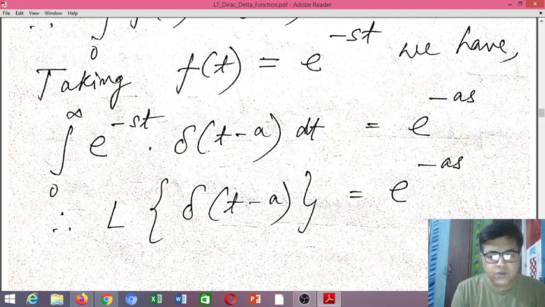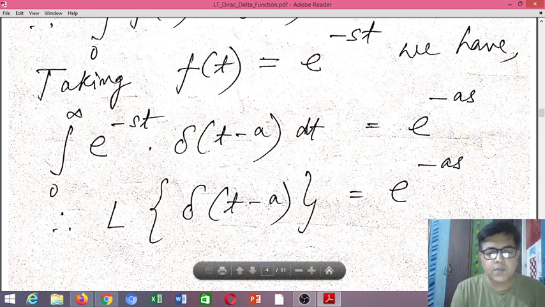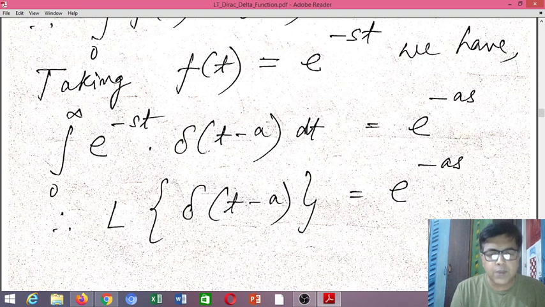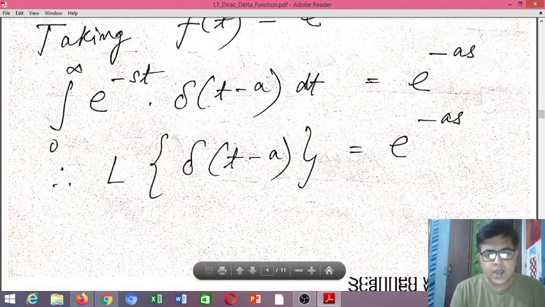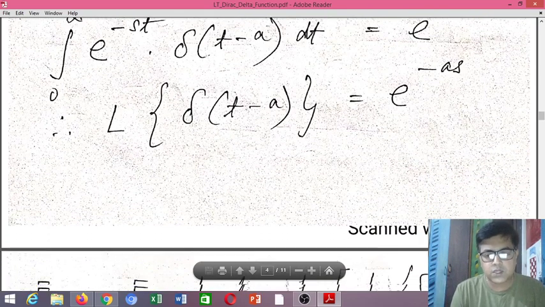The left hand side, as you see in this equation, is actually L of delta(t minus a), the Laplace transform of delta(t minus a), and on the right hand side it is the result. That means the Laplace transform of the unit impulse function or the Dirac-Delta function is e to the power minus sa.